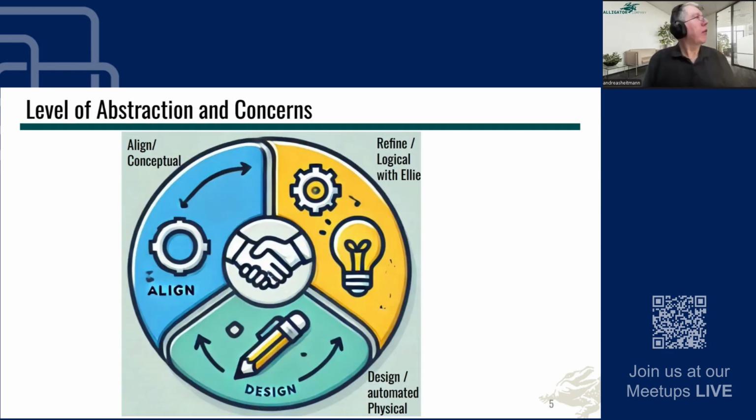Okay. Now, I'd like to introduce the 3 different levels of abstraction and concerns. We start with the align and conceptual level, where you talk to the business, understand their business, describe their business objects, and just listen to them and write down what they tell you.